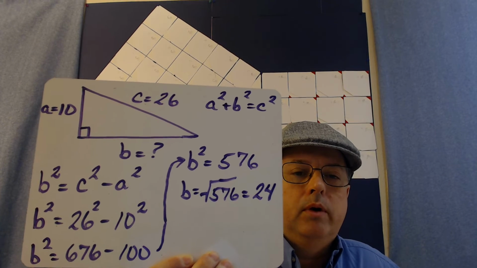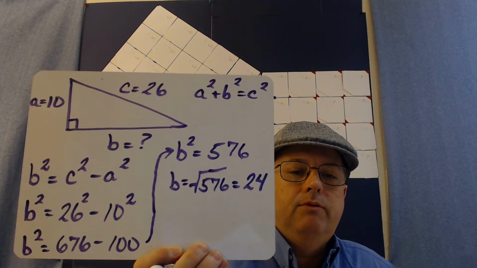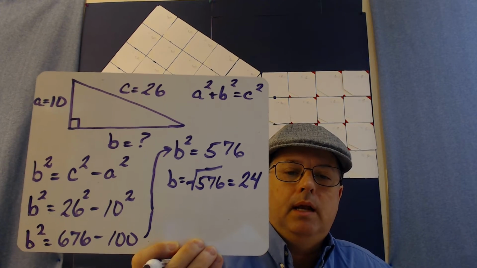And so now we were given A and C, and we found the B value, the B length. And so now we have another Pythagorean triple. That's A is 10, and B is 24, and C is 26.